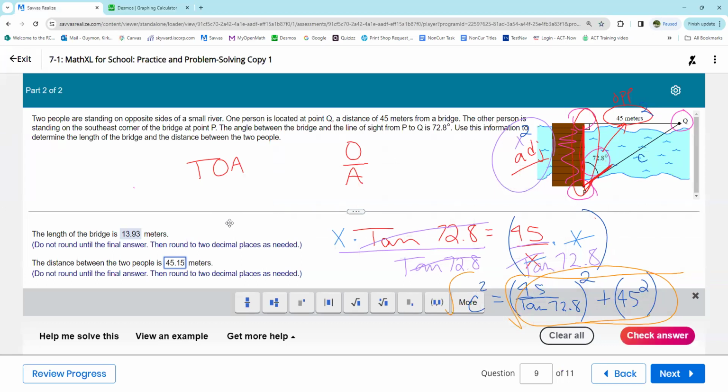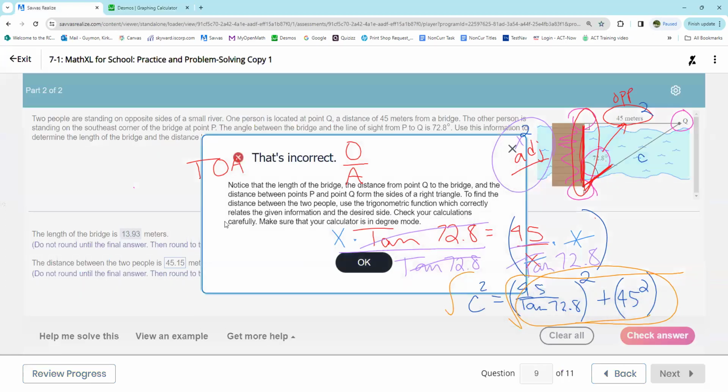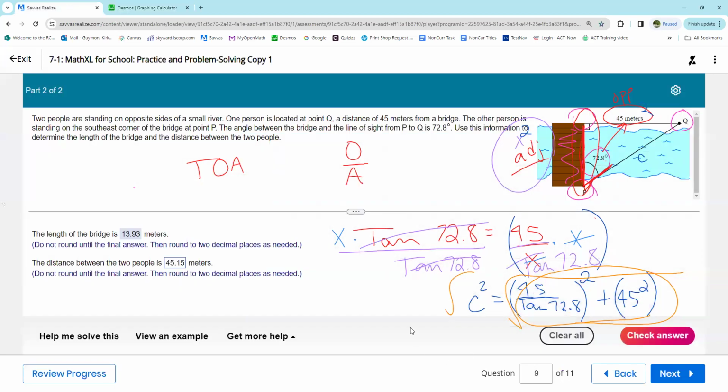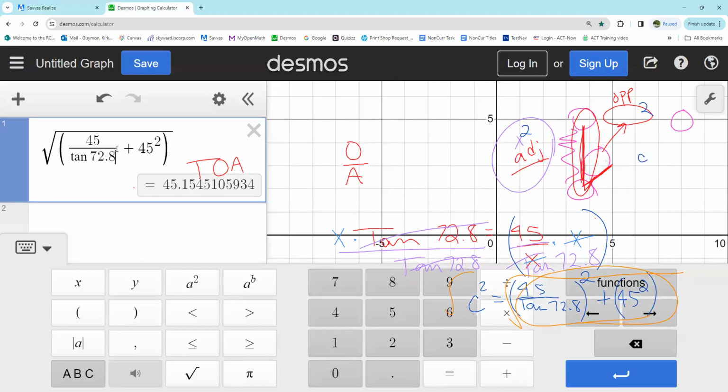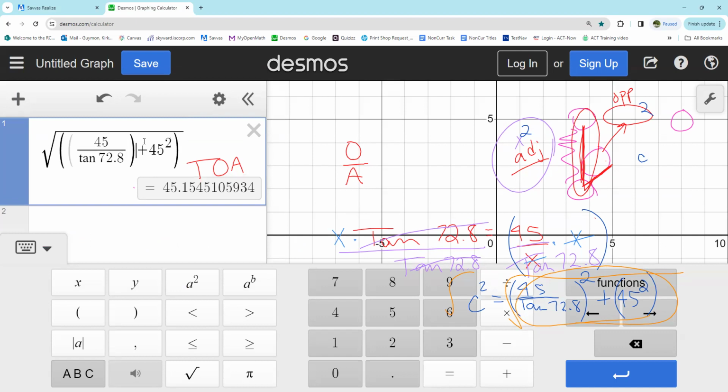45.1500. Uh-oh, got a mistake there somewhere. 45 over my tangent. Go look. Oh, this 45 over that tangent needs to be squared too, right? So let's put that in there. And let's put a squared on that. There we go.